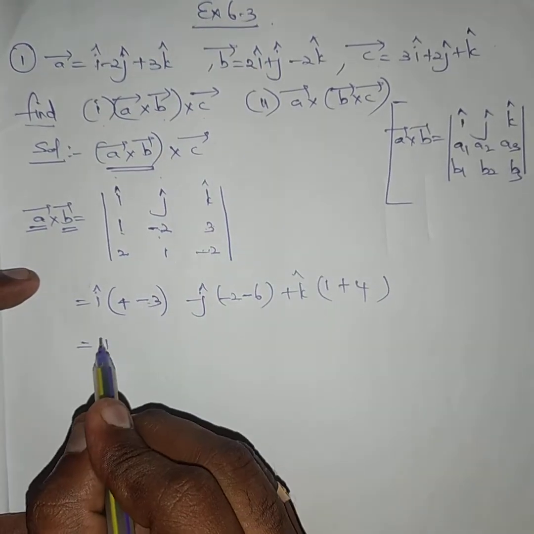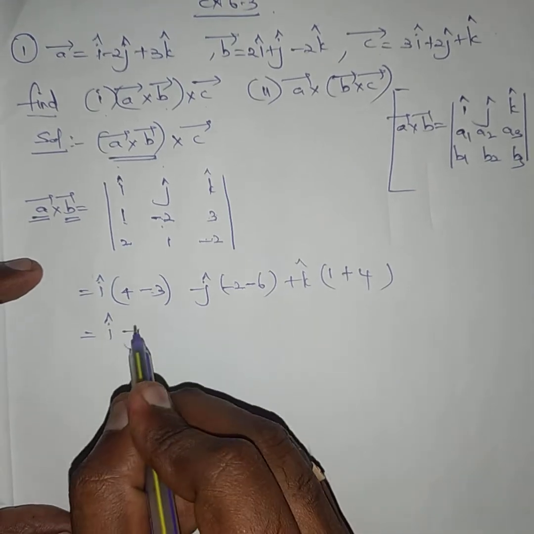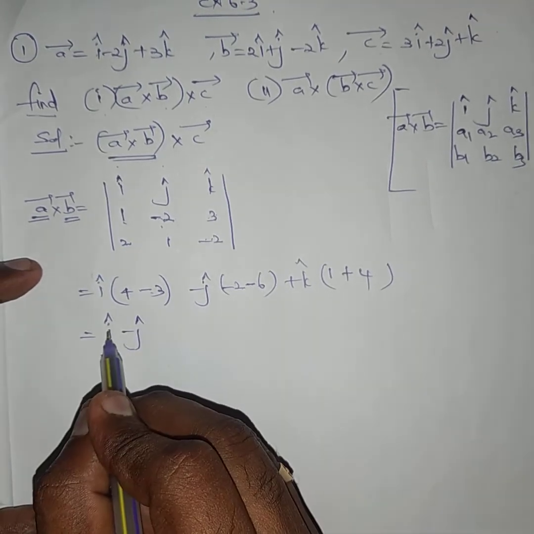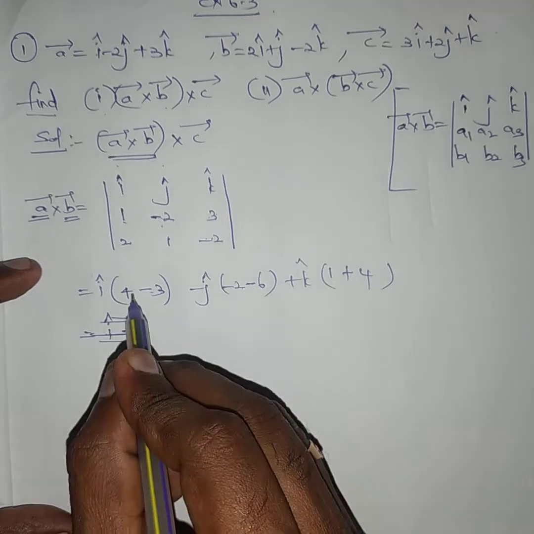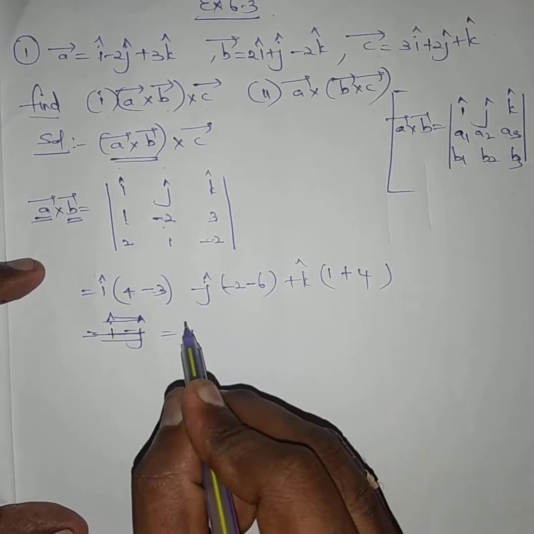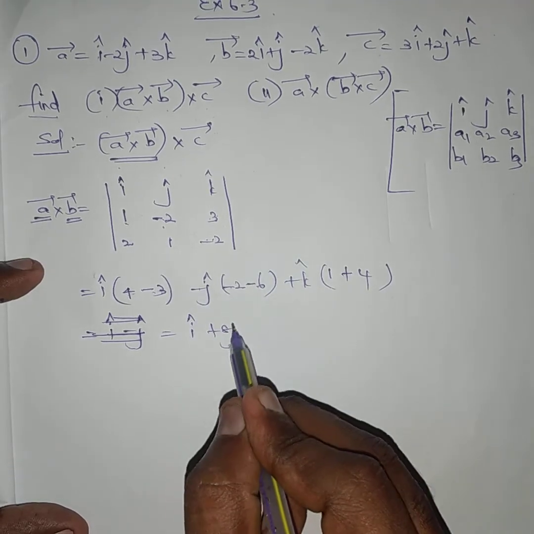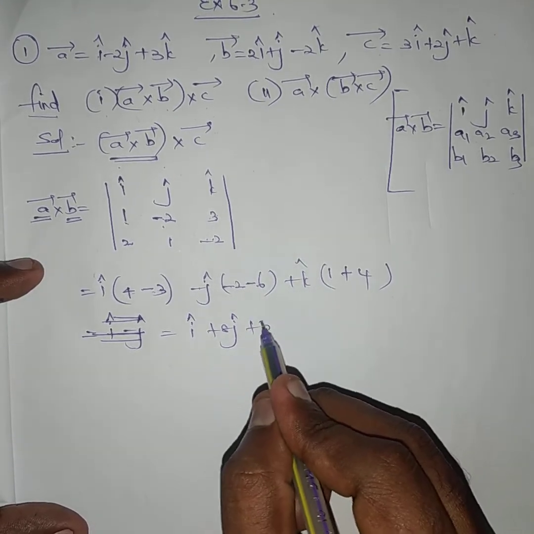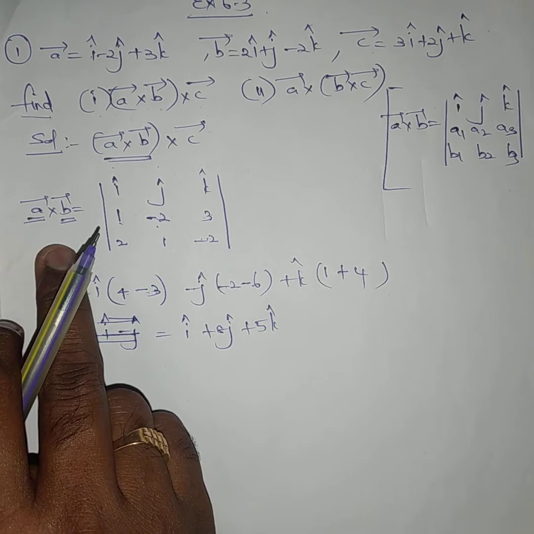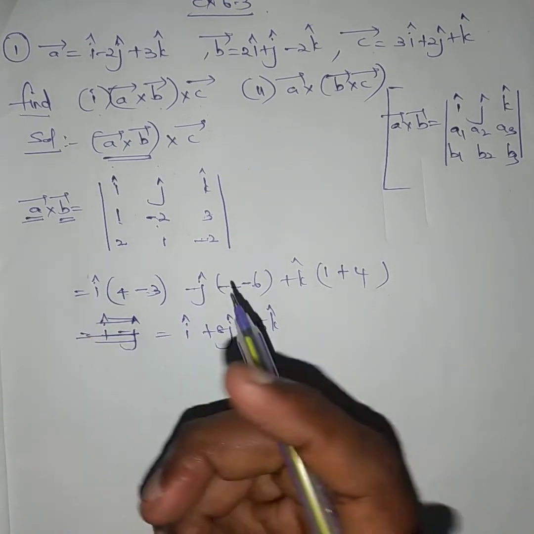So 4 minus 3 is 1, 1 into I cap is I cap, minus 8, which becomes +8, plus 8 J cap, plus 5 K cap. This is nothing but A vector cross B vector.